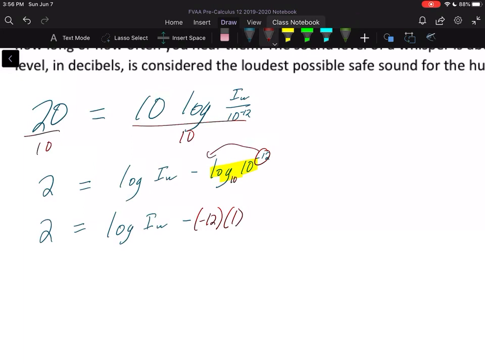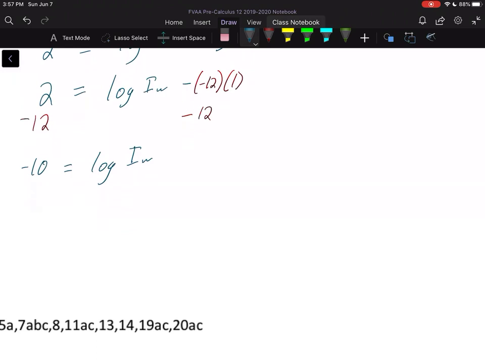Okay, so algebraically, I want to bring that to the other side. So I'm going to subtract 12 on both sides. And that's going to be negative 10 is equal to log I whisper. And then I can change this to exponential form here, which would be 10 to the negative 10 is equal to the intensity of a whisper, or 1 over 10 to the 10.